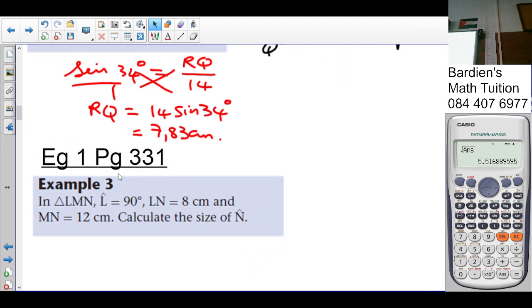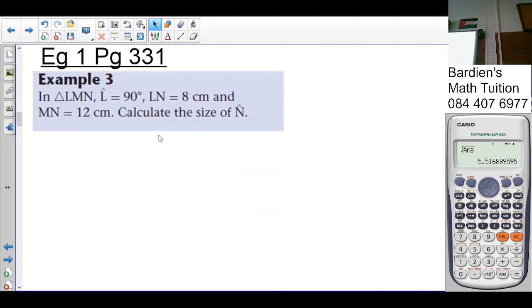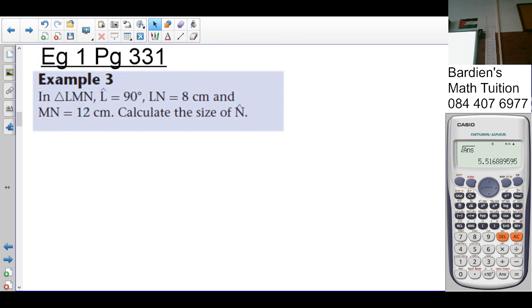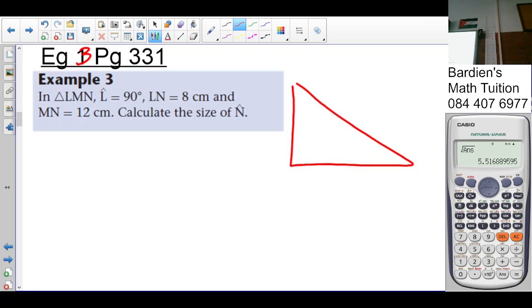Look at example 3, on page 330. Okay. So in triangle LMN, angle L is 90 degrees.